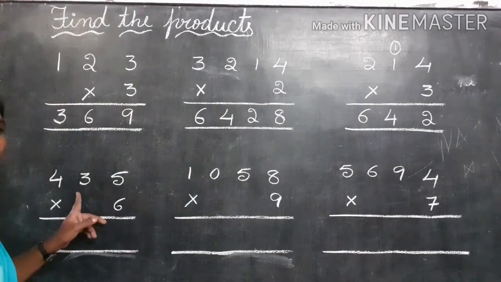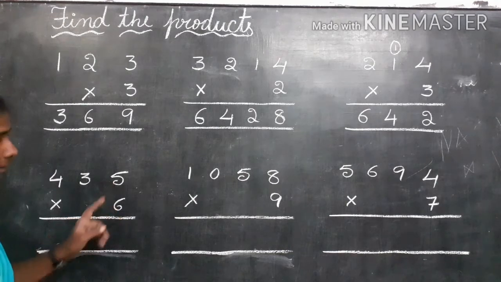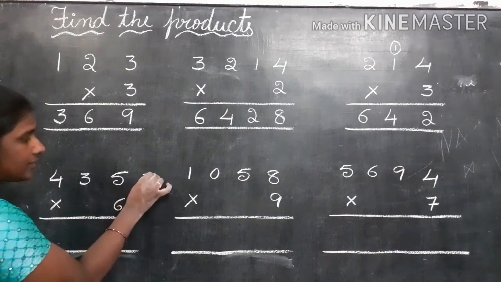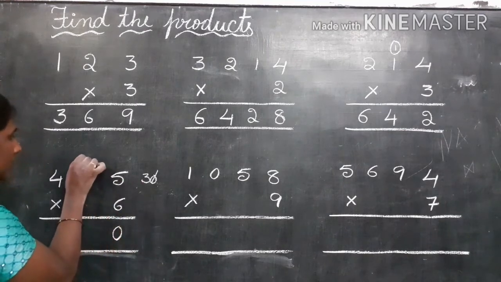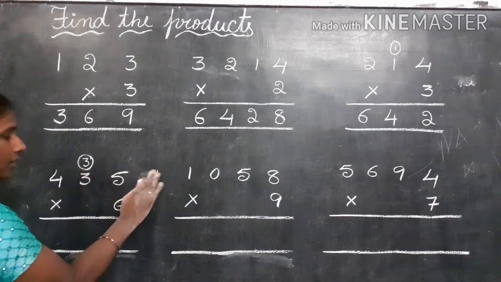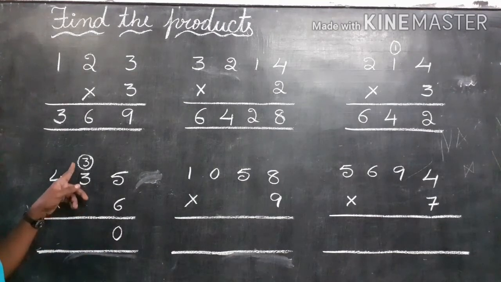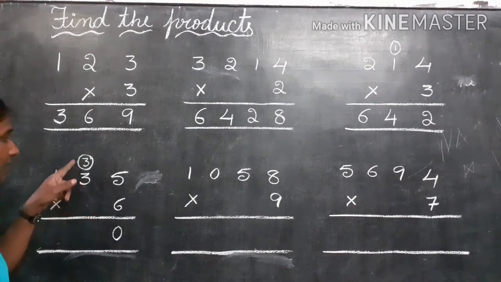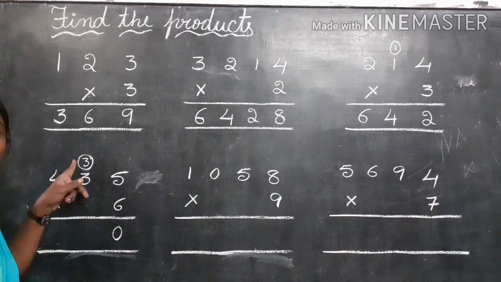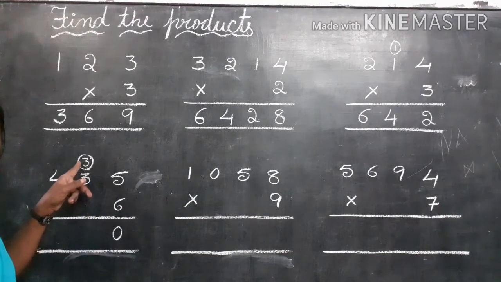Next. 435 into 6. 6 5s are 30. So 0 right here, and the 3 right up above the 3. Next, 6 3s are 18. 18 plus 3 is 21.